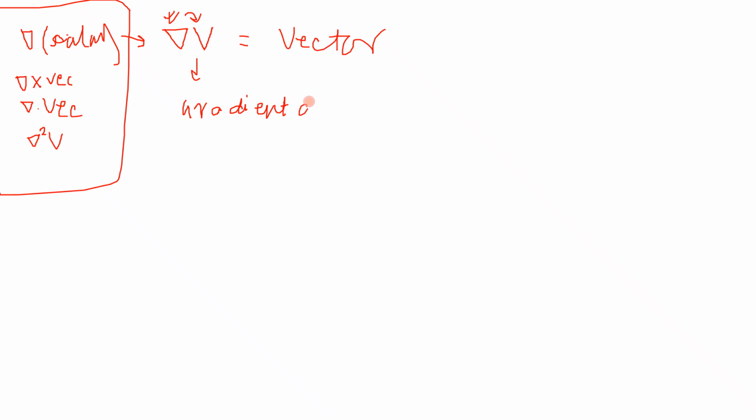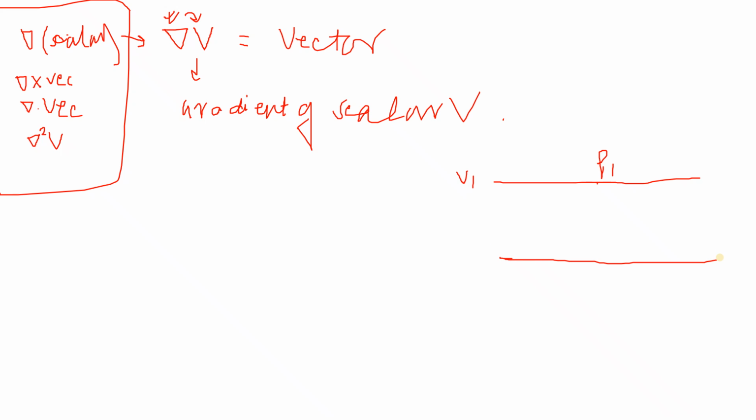The gradient of scalar V means that if there is a point P1 on a surface where the potential is V1, and I want to jump to another surface where the potential is V2, then the point P1 has to be shifted somewhere over here so that we get a point P2 like this.